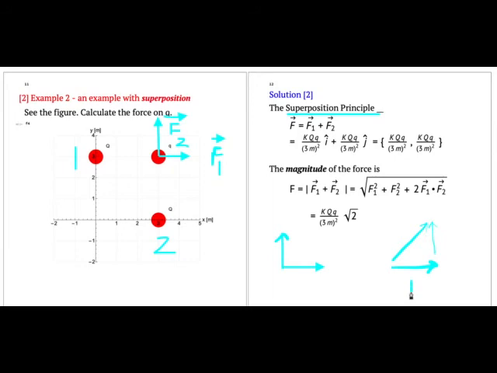So here's F1. Here's F2. And here's the sum of the two vectors. We can't add the magnitudes. We have to add the vectors.